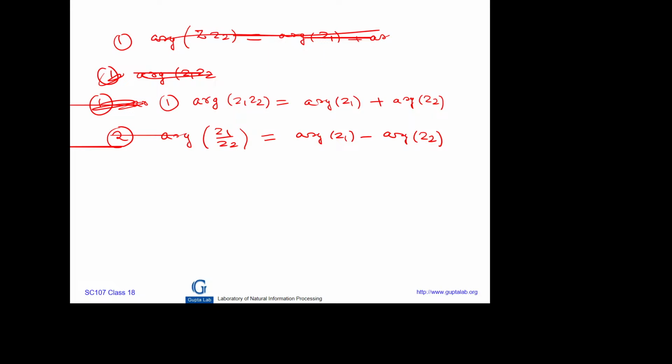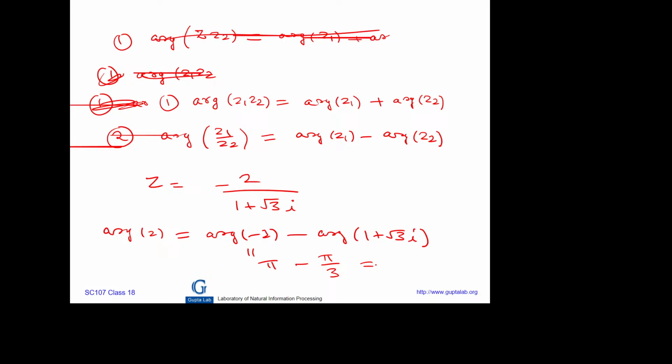Now this is pi and this is pi by 3. So overall, I need to find pi minus pi by 3, 2 pi by 3, right.